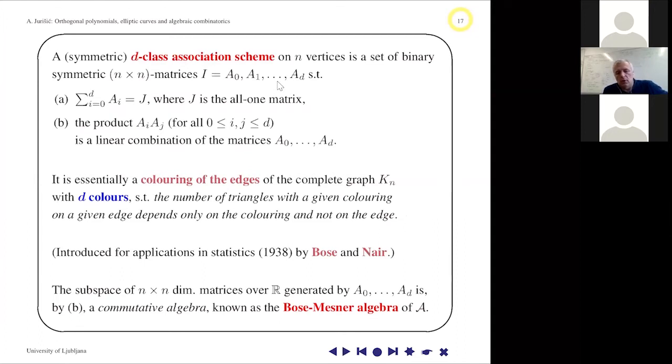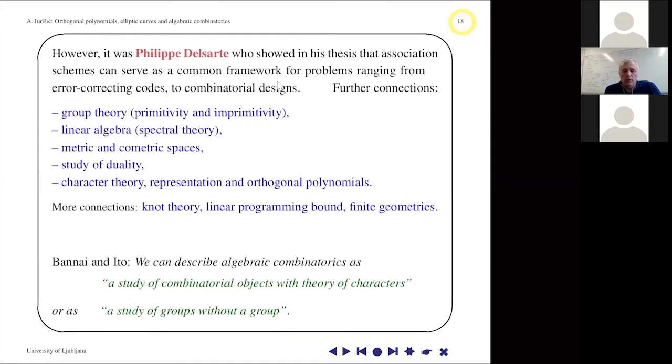This follows from this axiom that the product is actually a linear combination of these symmetric 0-1 matrices that sum to 1.